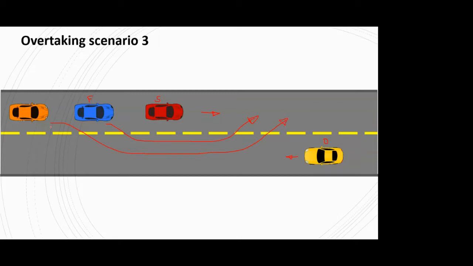Or if it doesn't overtake two vehicles, at least it will try to overtake the red vehicle, and it will go again behind your blue vehicle. So this can be another scenario for overtaking, and this is the maximum number of vehicles in the system that can be considered for overtaking.